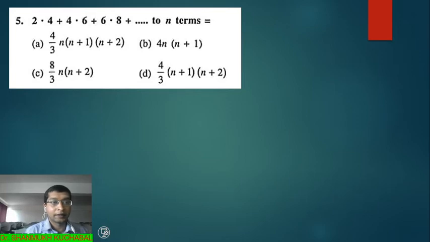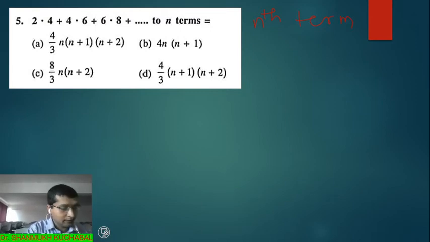Next, it is 2 into 4, 4 into 6, 6 into 8. So it is in arithmetic progression. So last example, example number 4, same procedure we have to use, and there will be a simple trick for this. First we will write its nth term.